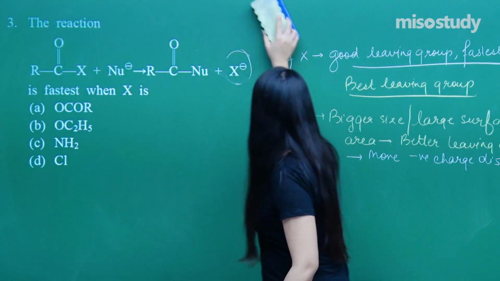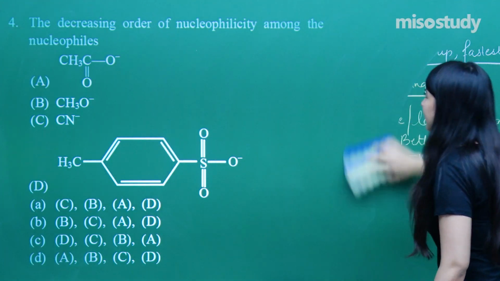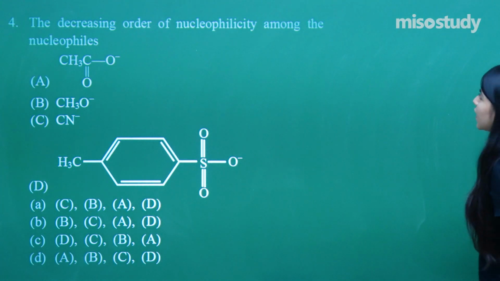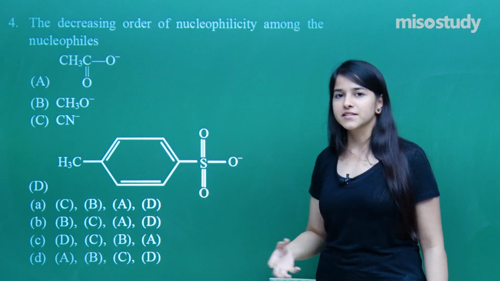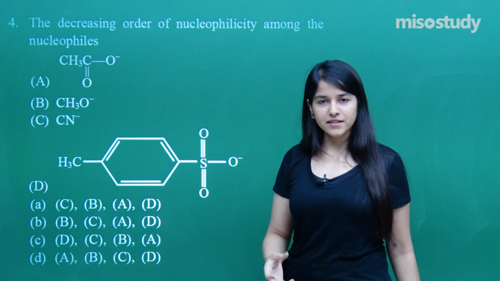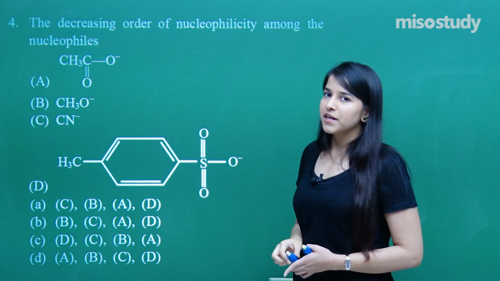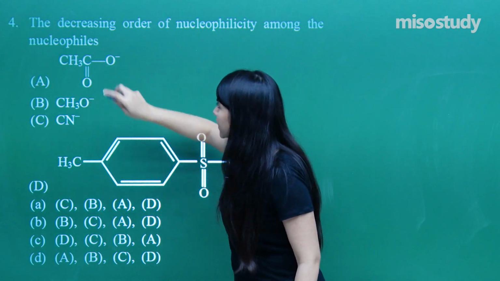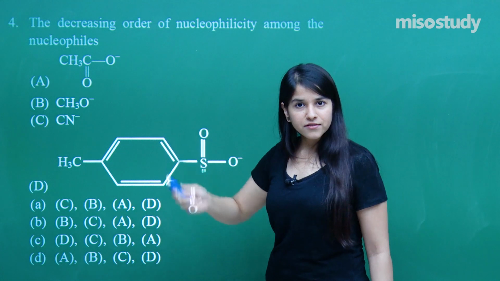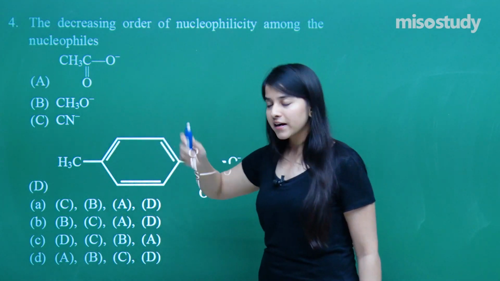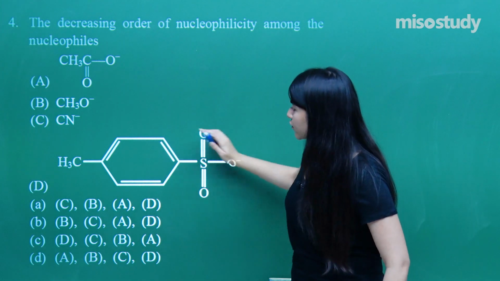Now let's move on to the next question. What do I have? Yes. Again, we need to have now the nucleophilicity among the nucleophiles, in decreasing order in this case. Let us carefully look at the nucleophiles that we are given over here. One is acetate ion, CH3O negative, cyanide ion, and this ion over here having such kind of a group.